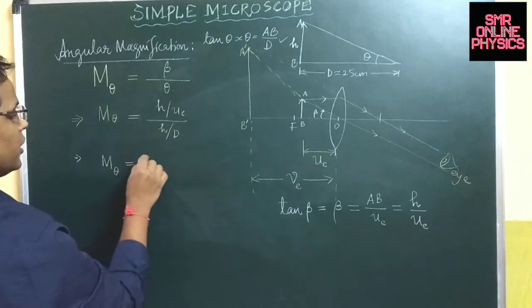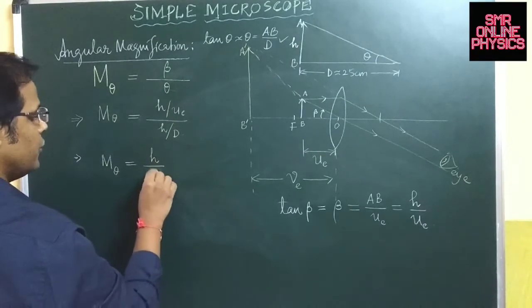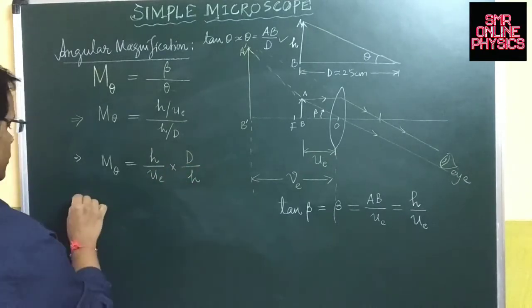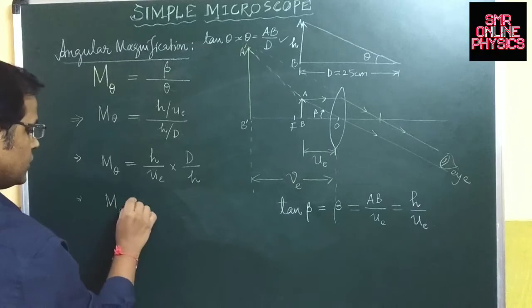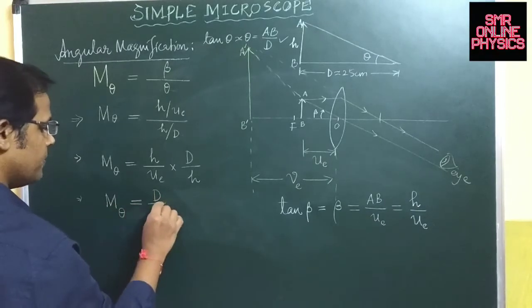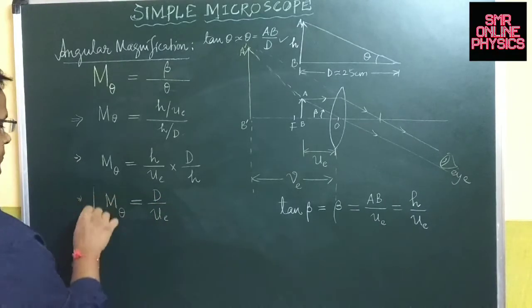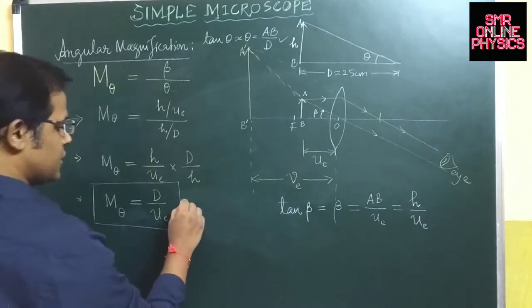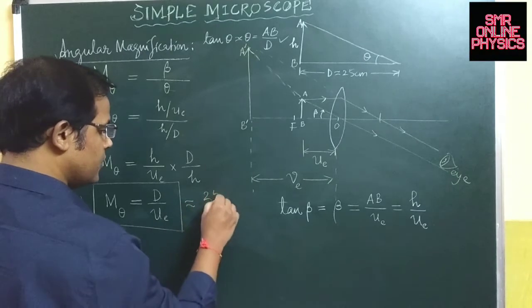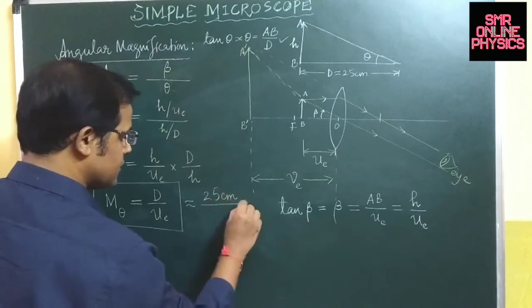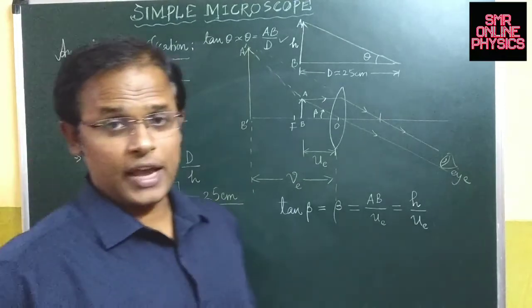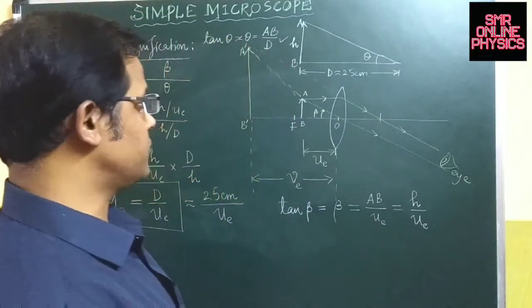So m theta should be equal to H by UE multiplied by D by H. So angular magnification is equal to D by UE. That's it. This is also better to be remembered. 25 centimeters by UE. That's your angular magnification observed by this lens.